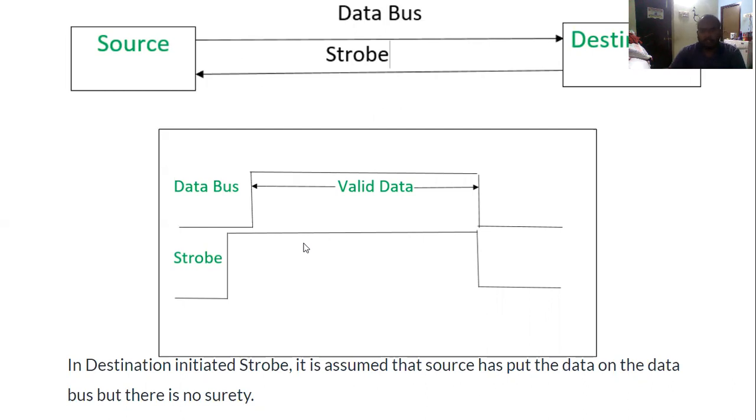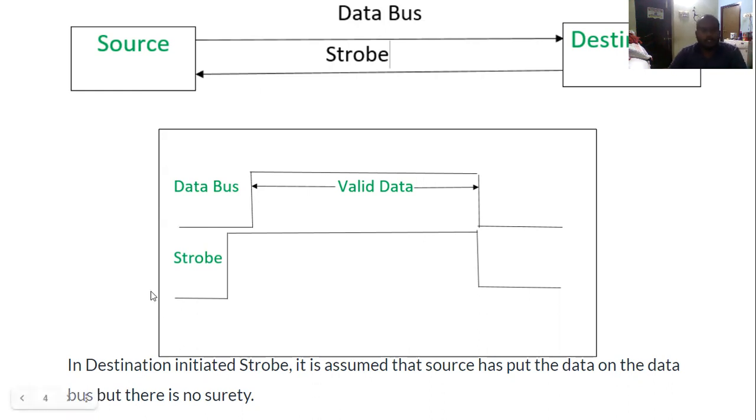We see the diagram of the destination initiated strobe, where we can see the strobe, data bus, and valid data.